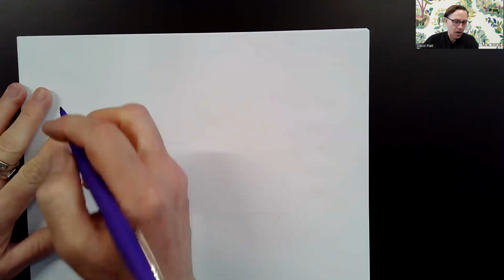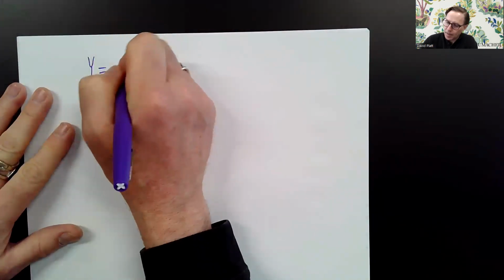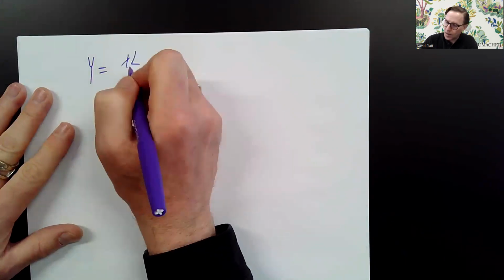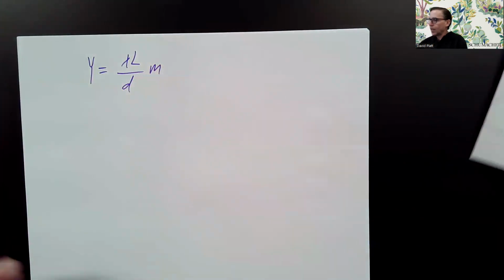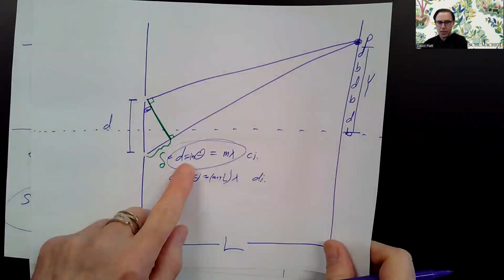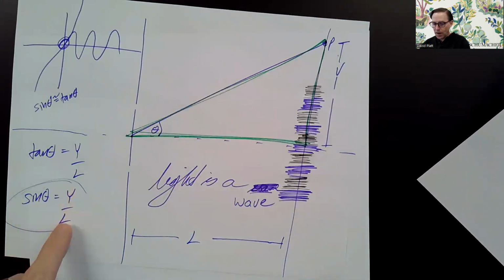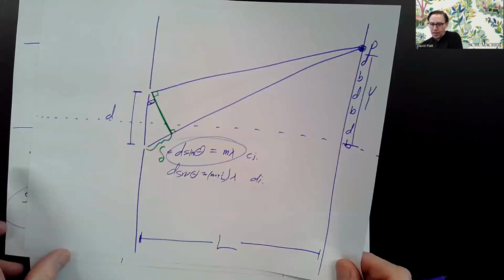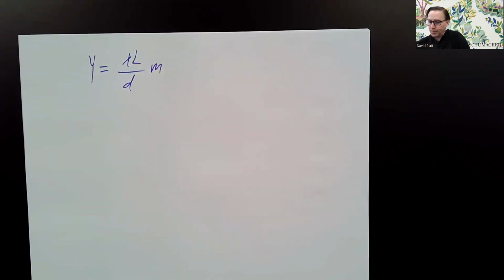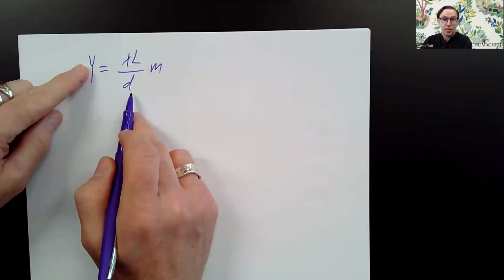And I can get another equation, y equals lambda L over d times m. That just comes from solving this equation for sine theta and this equation for sine theta. So I get y over L for sine theta, and I get m lambda over d for sine theta.